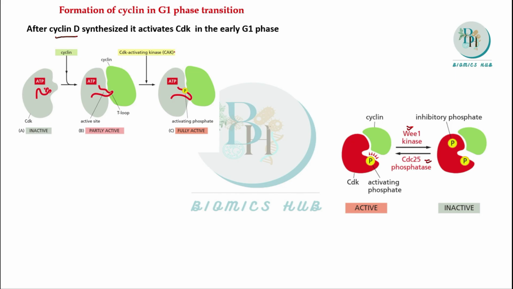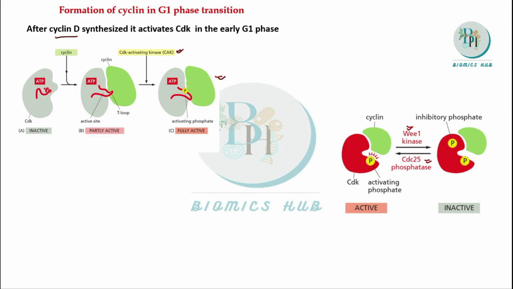Then there is an activating kinase known as CAK or CDK activating kinase. It will phosphorylate the active site of the T loop, and now the CDK cyclin complex is activated. In this way, the cyclin and CDK of the G1 phase is activated.